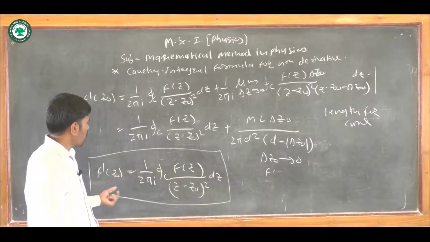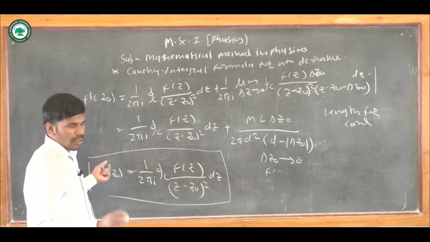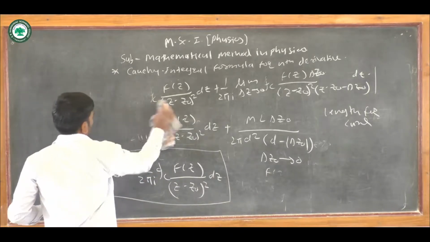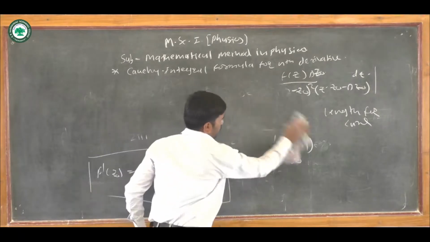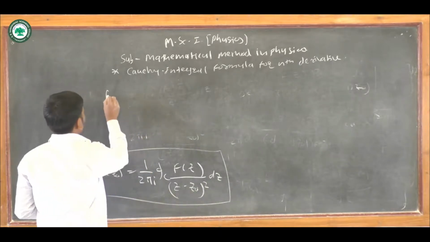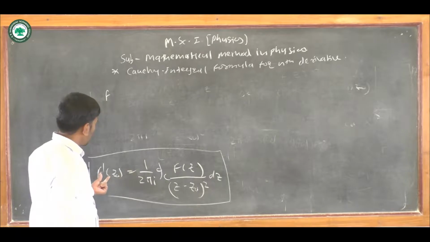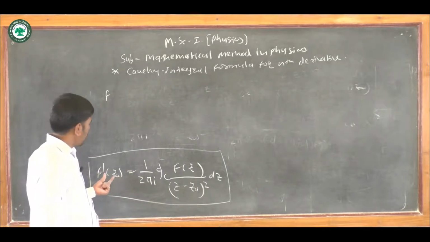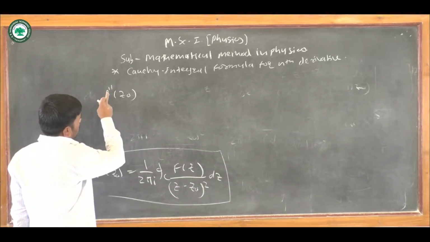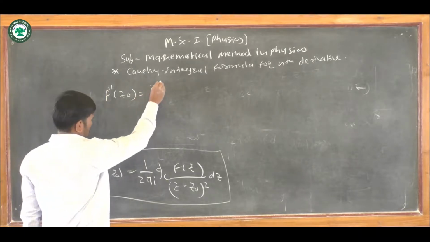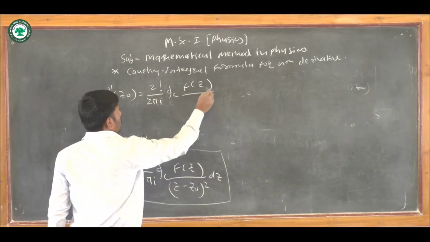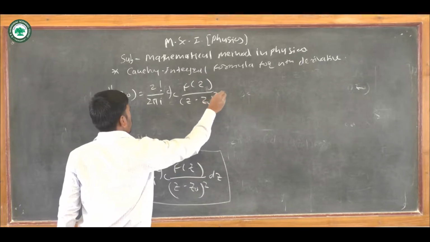Now if we follow the same procedure and replace this f of z with f prime z naught, we get the result for the second derivative. If f prime z naught is analytical, then we can find the second order derivative of f of z, that is f double prime z naught is equal to 2 factorial by 2 pi i, closed integral over C of f of z divided by (z minus z naught) cube dz.